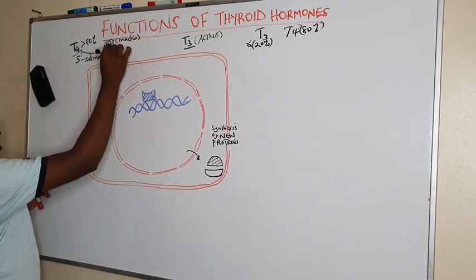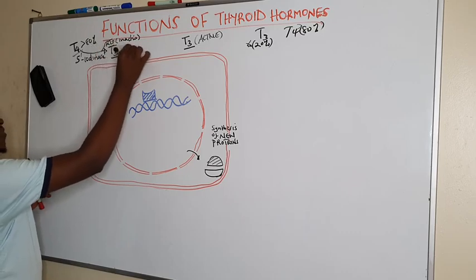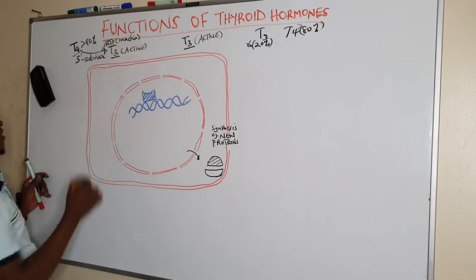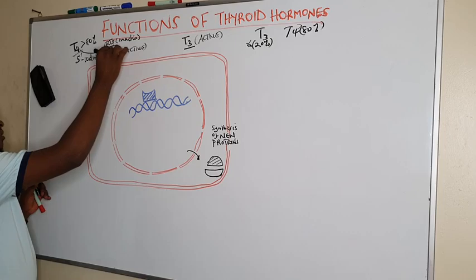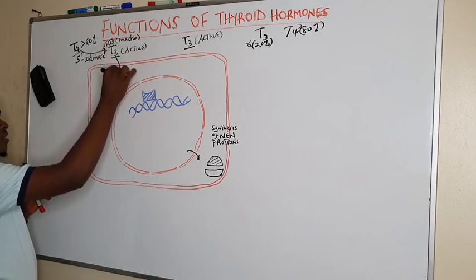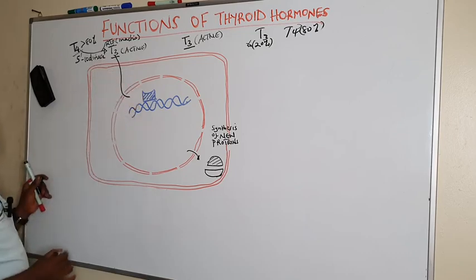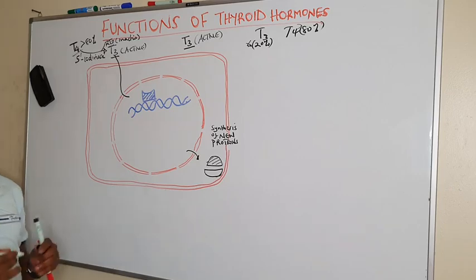And this active form, T3, produced in the tissue, is small in size. It crosses the phospholipid bilayer membrane, and its receptors are inside the cell.